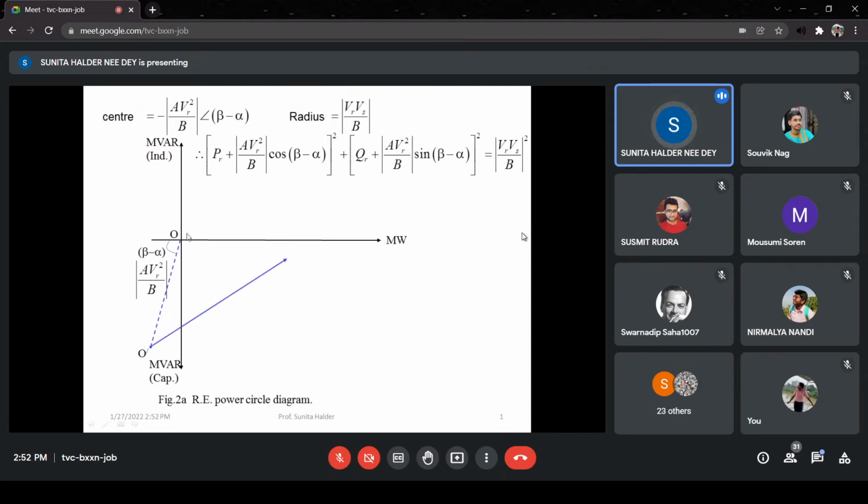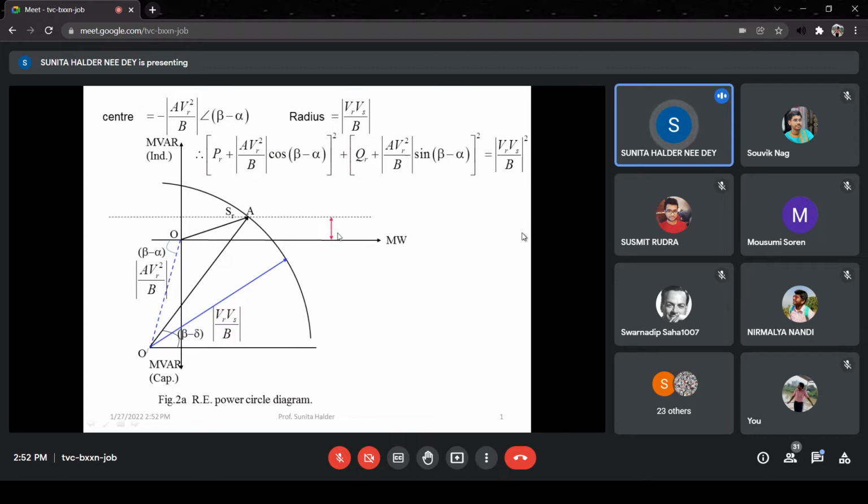So when we are calculating, say, the reactive power, the imaginary power, it will have two parts. One is A VR square by B sine beta minus alpha plus this VR Vs by B sine beta minus delta. So sine beta minus delta means that angle should be with the horizontal. That's why this angle is beta minus delta, right?